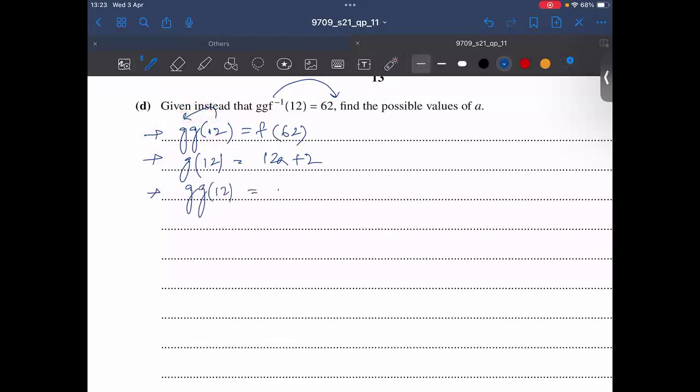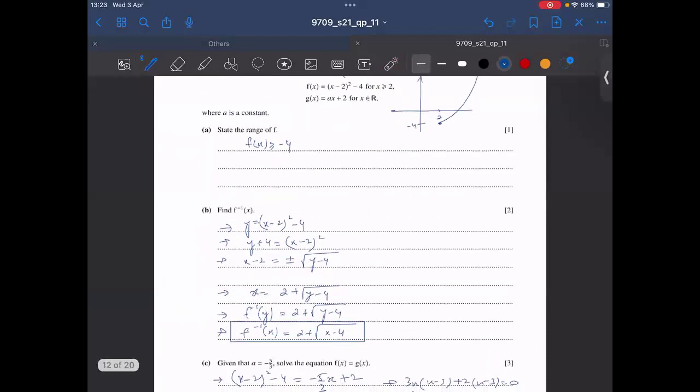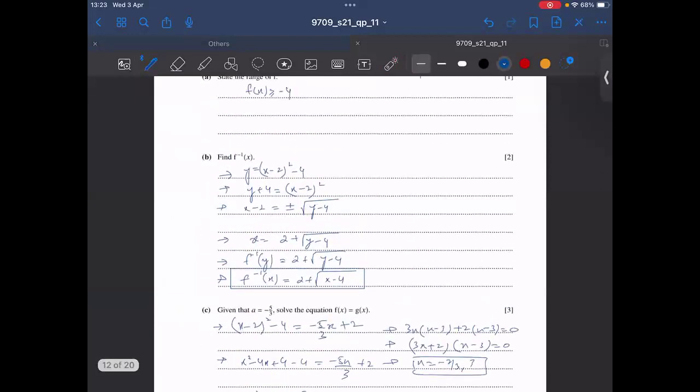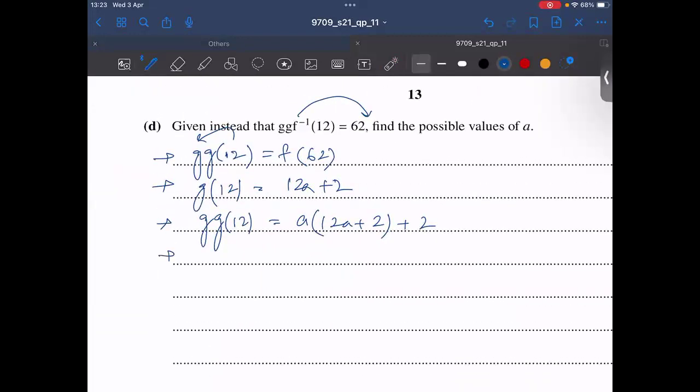It's going to become A times 12A plus 2, plus 2. Is that so or not, Iman and Imad Ahmad? So this is going to be how much? 12A square plus 2A plus 2.